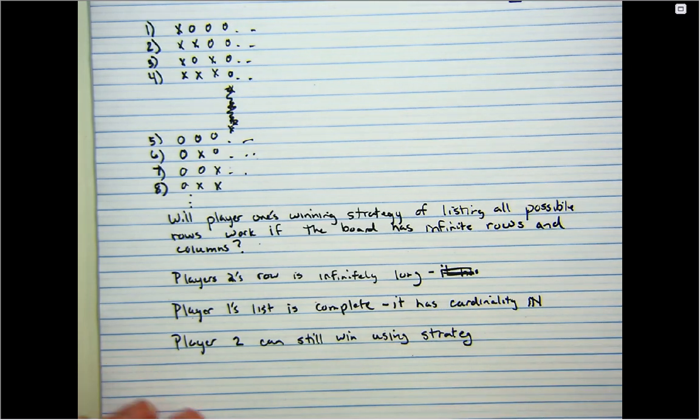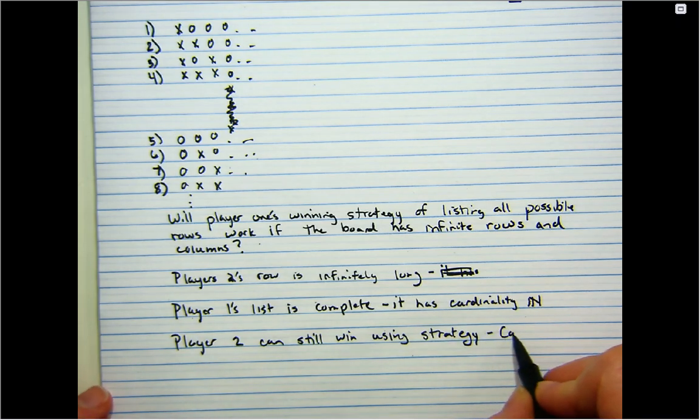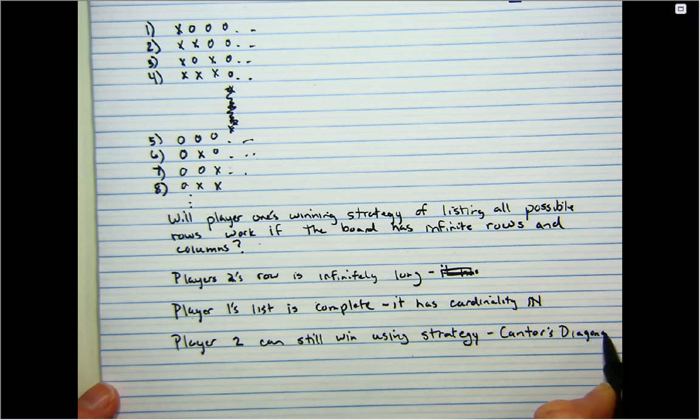The strategy that you use is called Cantor's diagonalization, named after Georg Cantor, the founder of set theory, where you're just paying attention to the diagonal.